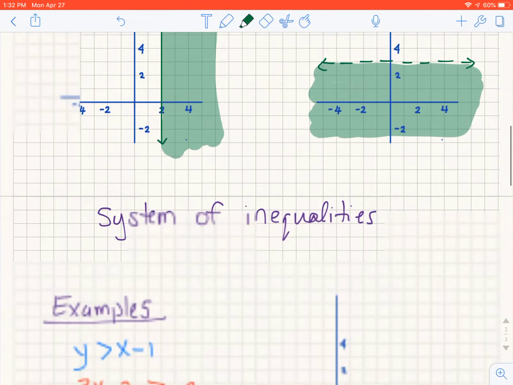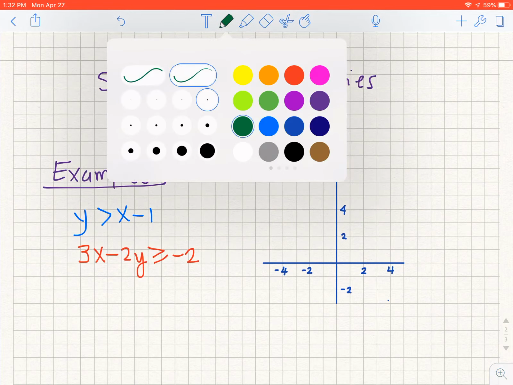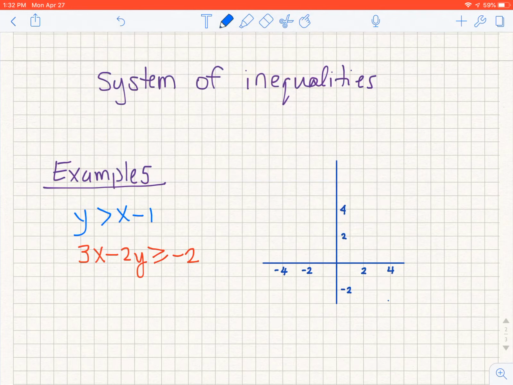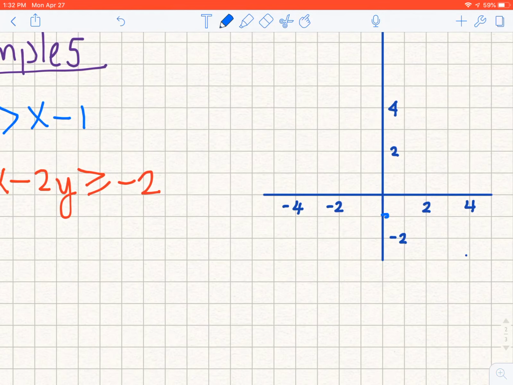Okay, so when we talk about a system of inequalities, all it is we put 2 on the same graph, and then find where they overlap. You're looking for where they overlap. So I made the first one. The first one is pretty easy because it's already in the right form. So I'm going to start at -1, and I made them colored so you can see them.